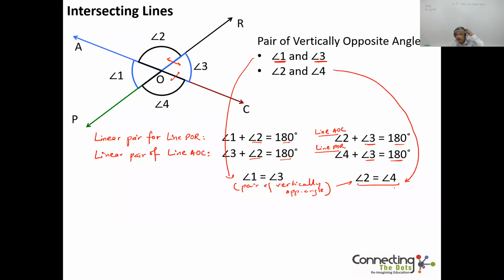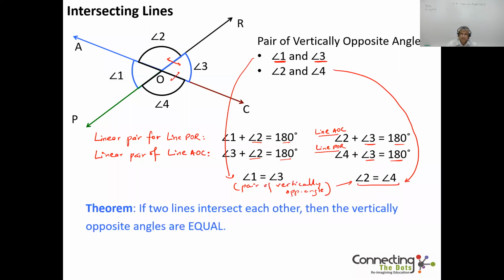So what did we find? The pairs of vertically opposite angles are equal. Isn't it? So that is our theorem: if two lines intersect each other, then the vertically opposite angles are equal. And we could prove it using just the linear pairs.